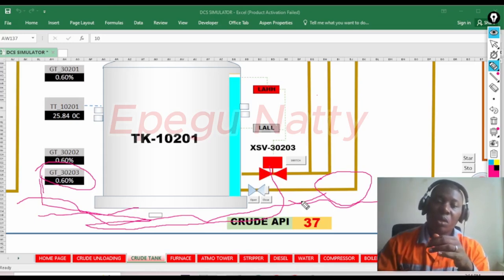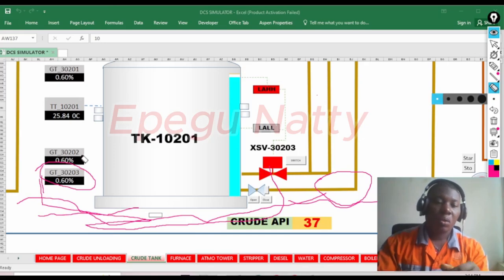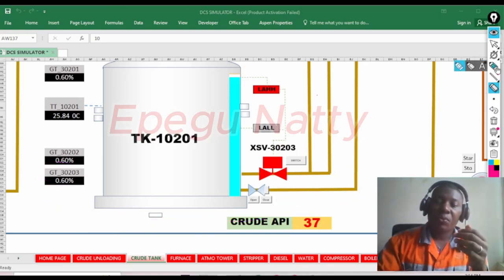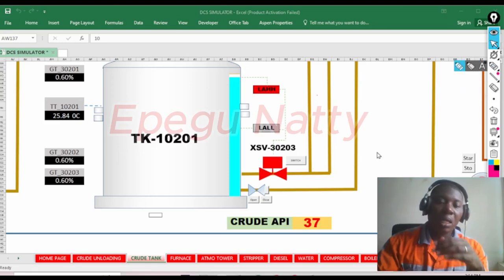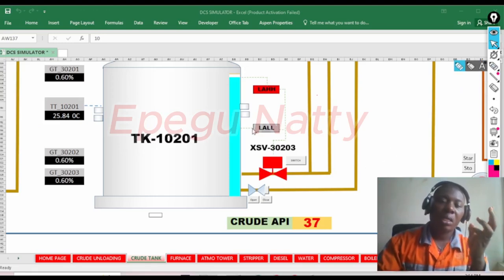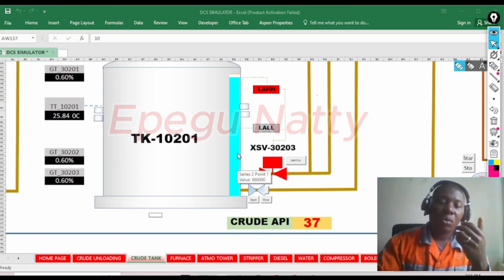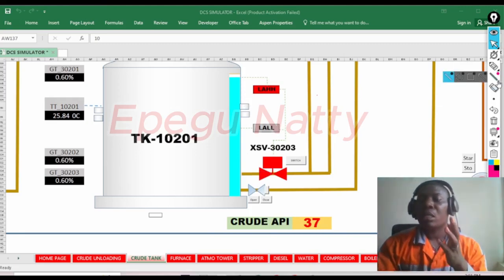Okay, and also during the loading operation, what if there is a spill? What if all the other layers of protection did not work? What if the operator did not respond to the high level indicator, and then the high level alarm, and also it goes to a trip and the trip did not work, and then there is a spill?